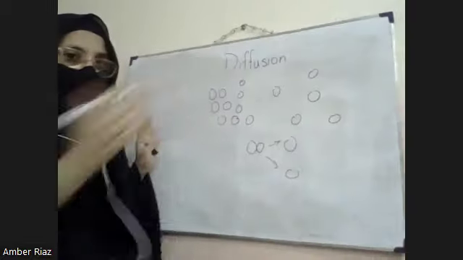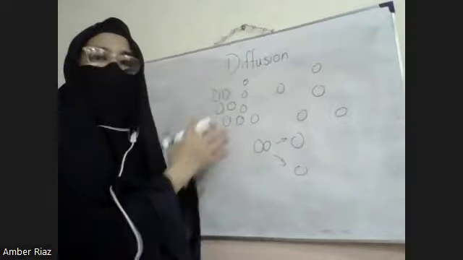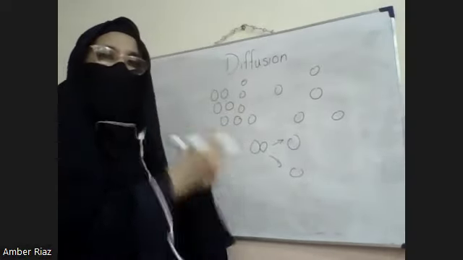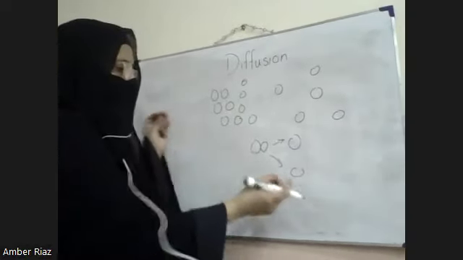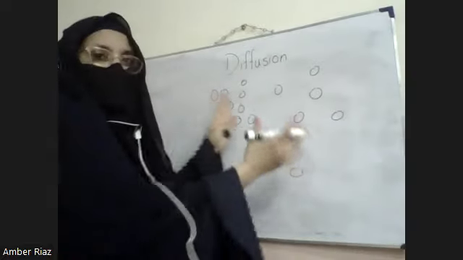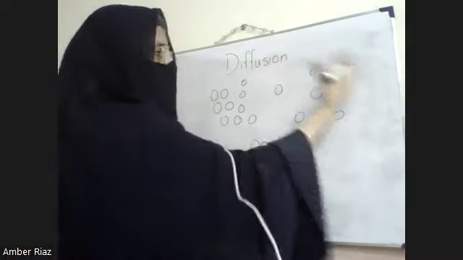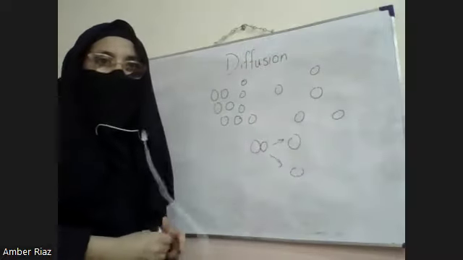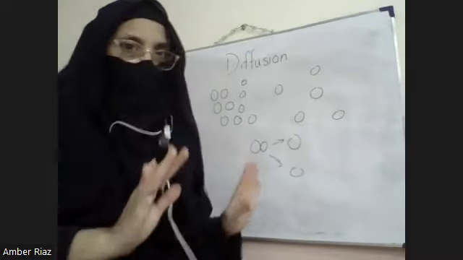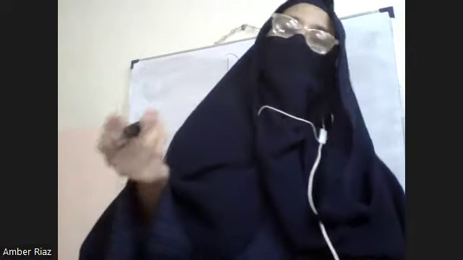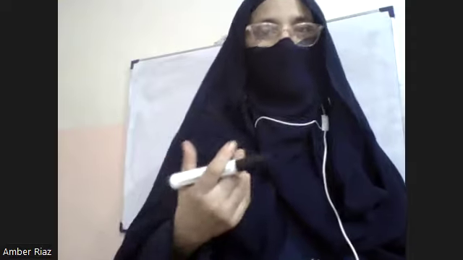In the region of high concentration, the gas molecules continuously move, collide randomly, and spread until they are evenly distributed. No one pushed them. So basically, this is because of the kinetic energy which the molecules have inside them.